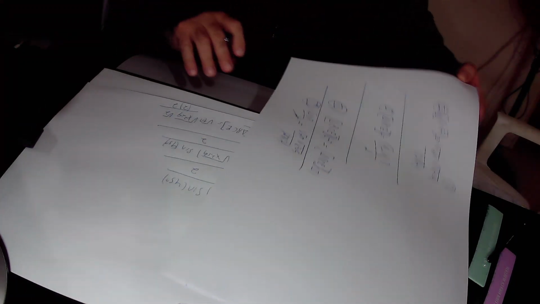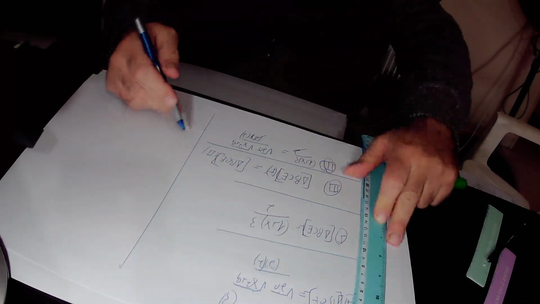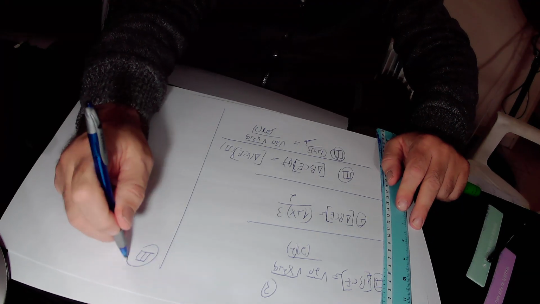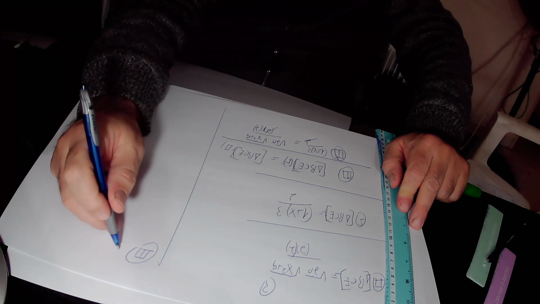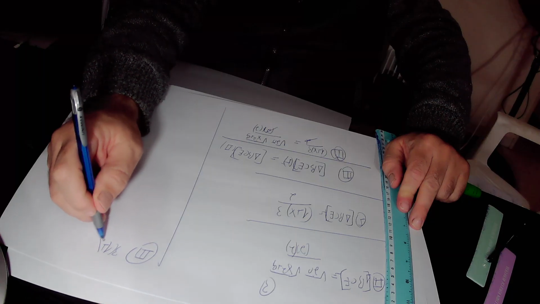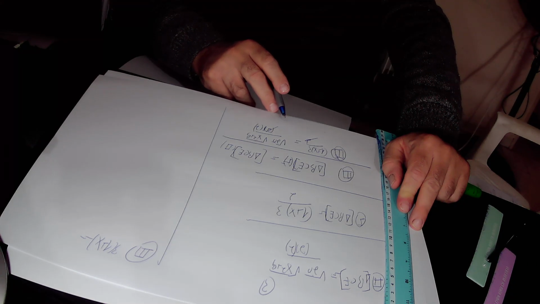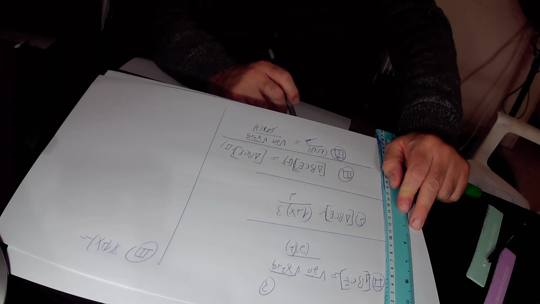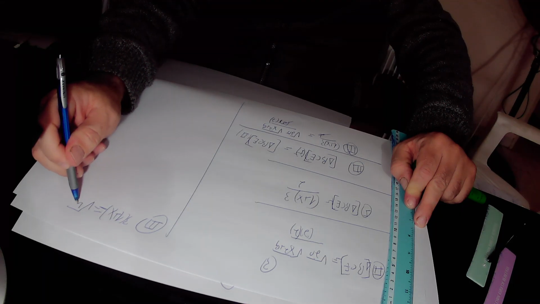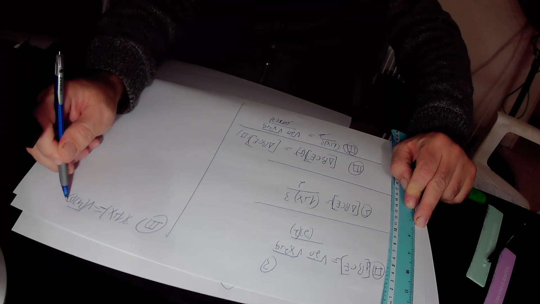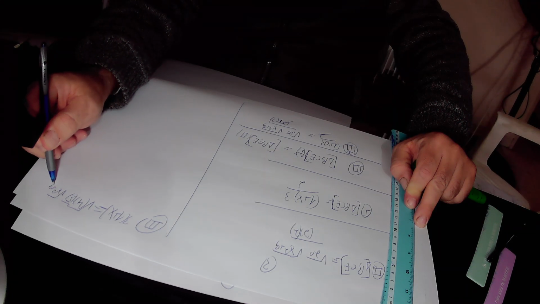After you cancel 2, on this side of equation 3 we are left with 3 times 1 plus x, and it equals, here we have the square root of 20, which is 4 times 5, times the square root of x squared plus 9 over 2.